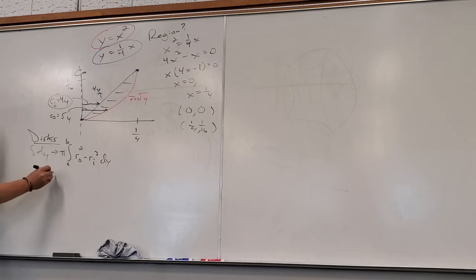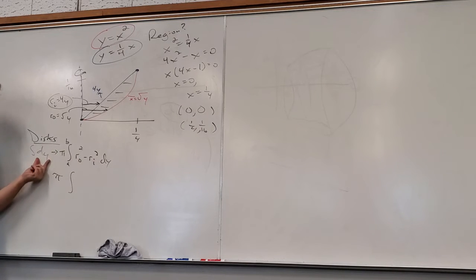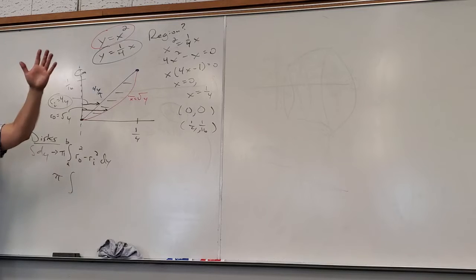So that's kind of nice, because now it's dy. So what are my limits going to be? 0 to 1/16, because that's what y is doing. You guys, this is stupid important, because then you can keep looking back at it to keep yourself straight. You want to be nice to yourself. Several ways you can be nice to yourself.